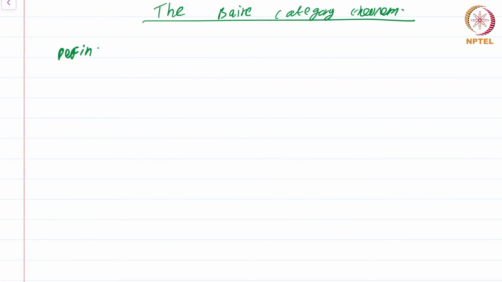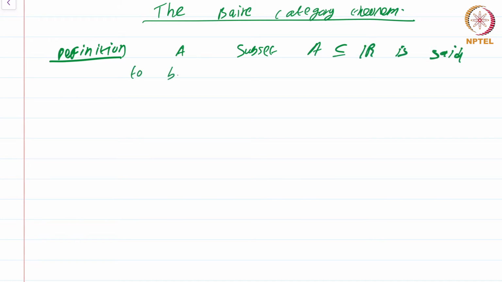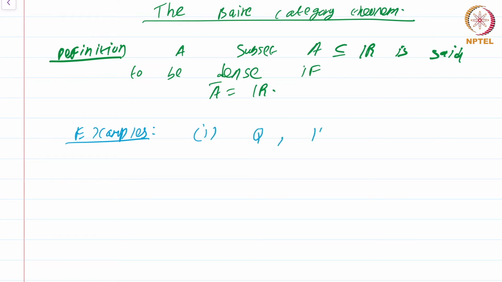Definition: a subset A of R is said to be dense if A closure is equal to R. Immediately we have examples way back from week 2 that Q, the rational numbers, and R minus Q are both dense.